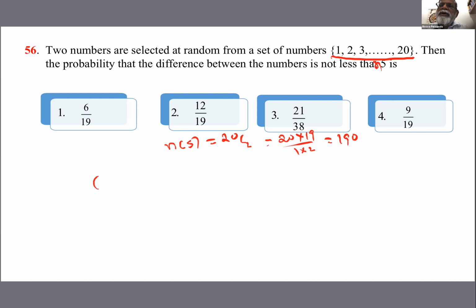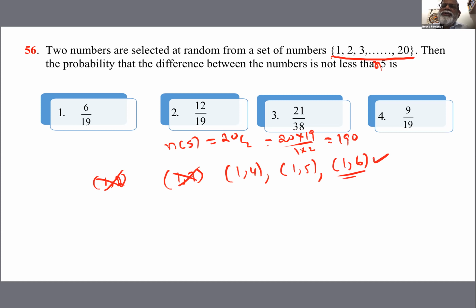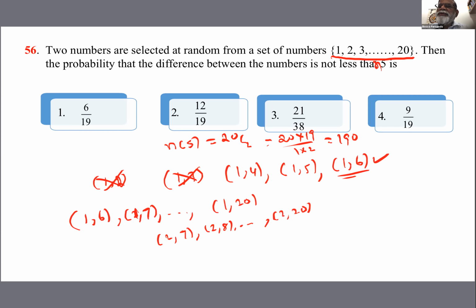So when 1 comes, 1 and 2 are drawn, not allowed. 1 and 3 not allowed. 1 and 4 not allowed. 1 and 5 not allowed. 1 and 6 yes, not less than 5. So 1 and 6 can come, 1 and 7 can come, etc. 1 and 20 can come. When 2 comes, 2 and 7 can come, 2 and 8 can come, and 2 and 20 can come.